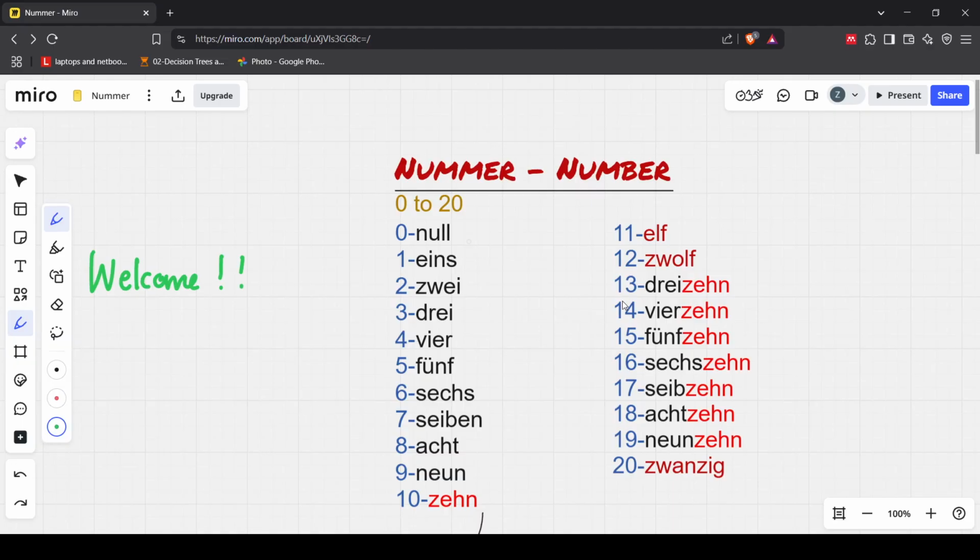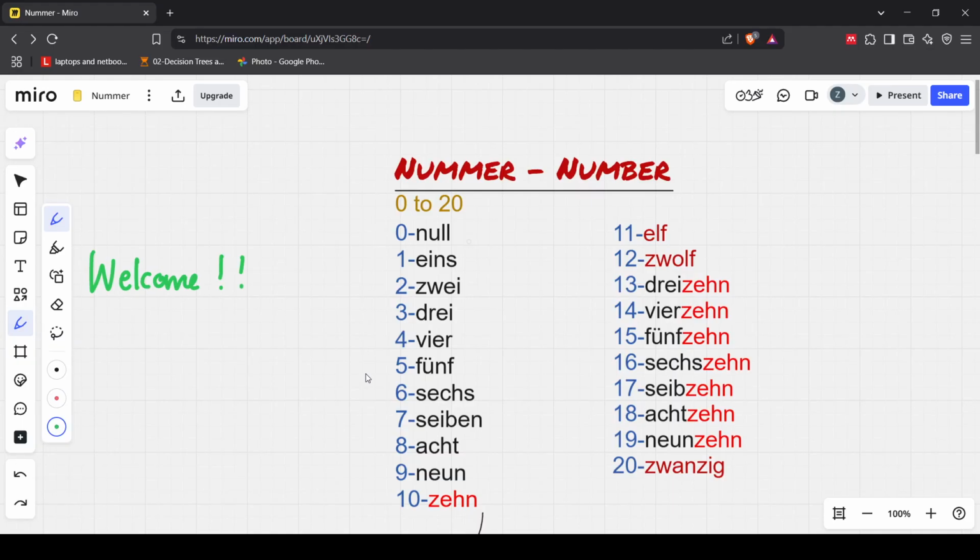And from 13 to 19, you can see that the words end the same way, with zehn, which means 10. And before zehn, there is drei, vier, fünf, exactly 3, 4, 5 itself. So for 13 to 19, once we know the initial counting numbers correctly, you can get the number correctly.